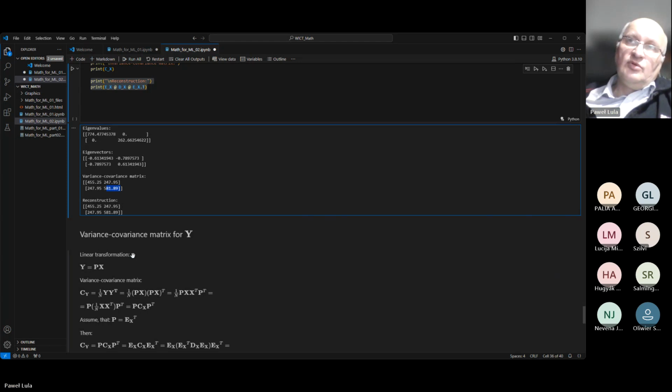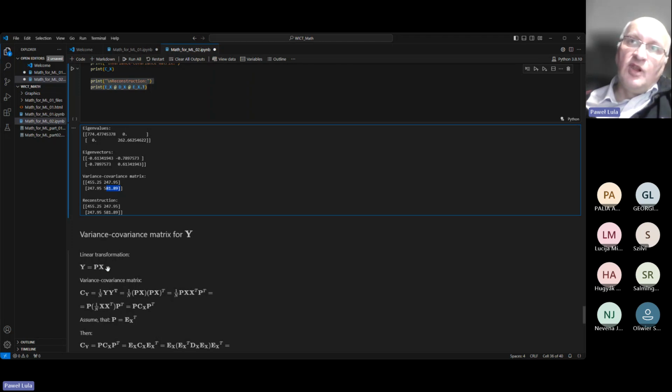So we remember that we used a linear transformation, and we are going to use a matrix with eigenvectors as a description of our transformation. So we use, generally speaking, this P matrix.